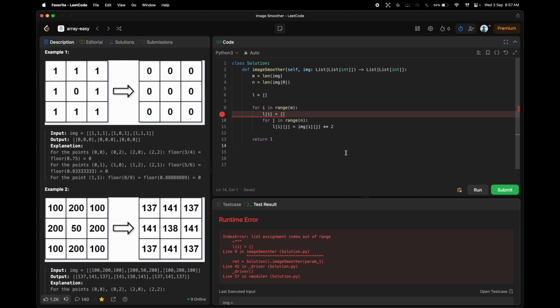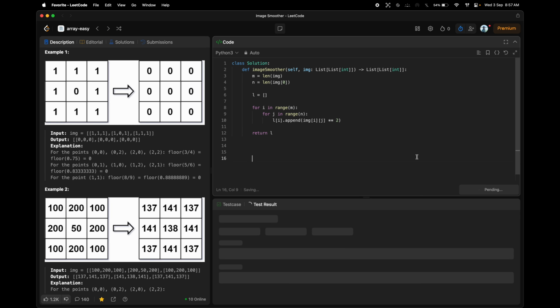No, l of i, oh sorry, this should not be l of i. I also want the position, so I want to append in l of i. Okay, l of i dot append this. I think that's correct.